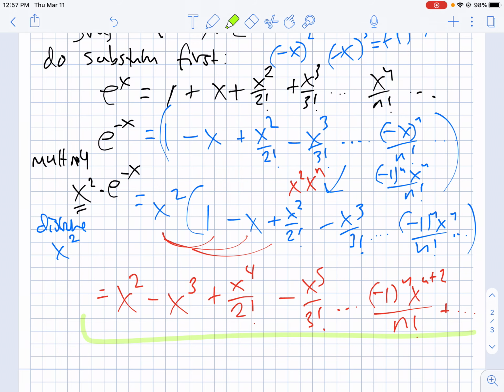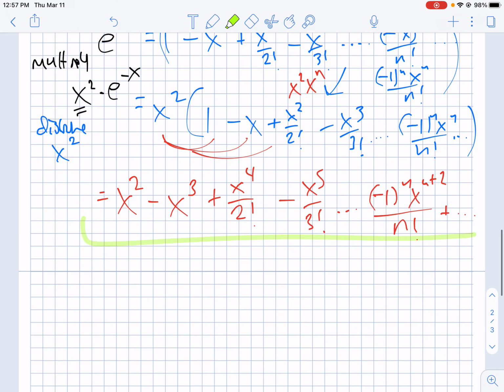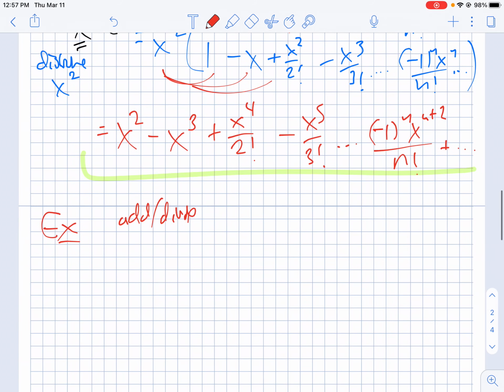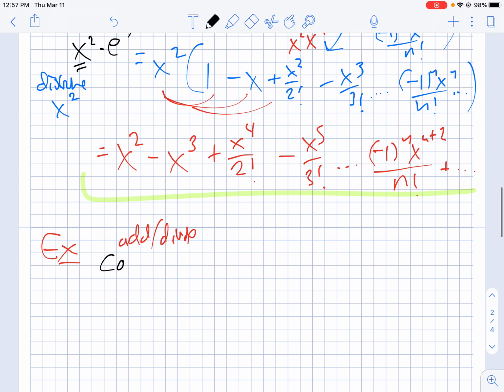One more thing I wanted to share with you about is something where you might have to do an addition or a division. So if we add or we divide, let's look at what that would look like. So let's say we want to write the series for cosine of x minus 1 divided by x squared.